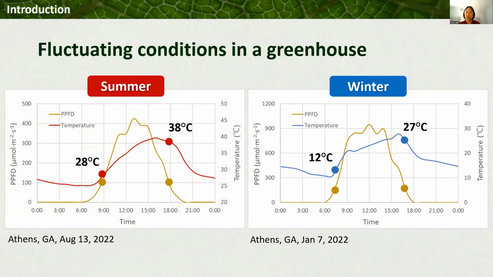In the winter, the morning temperature would be too low, 15 degrees C lower than the afternoon, almost 12 degrees C. It might be too cold for a specific crop, and it might be too hot in a summer afternoon for a specific crop. So that is why we have to consider both temperature and light intensity when we control the supplemental lighting intensity in a greenhouse, especially.